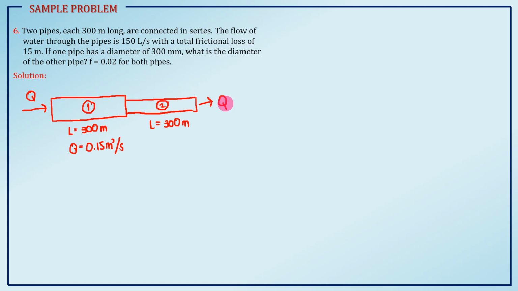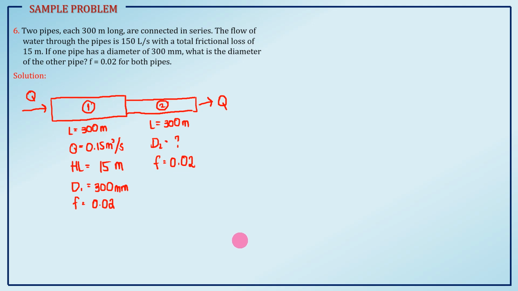And we have the total frictional loss. So, total frictional loss, that is HL, 15 meters. Okay. If one pipe is 300 millimeter diameter, so yung pipe 1 na rin natin yun. So, diameter 1 ay 300 millimeters. What is the diameter of this one? D2. And F natin ay 0.02, both pipes.